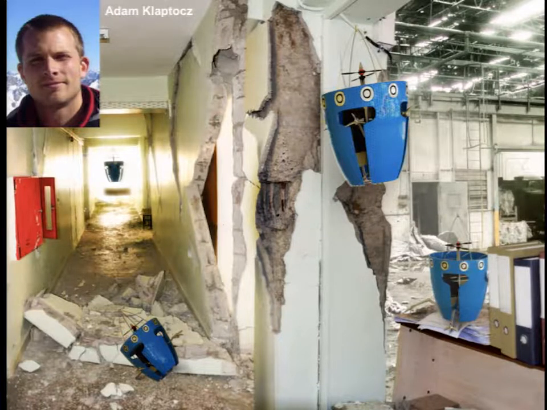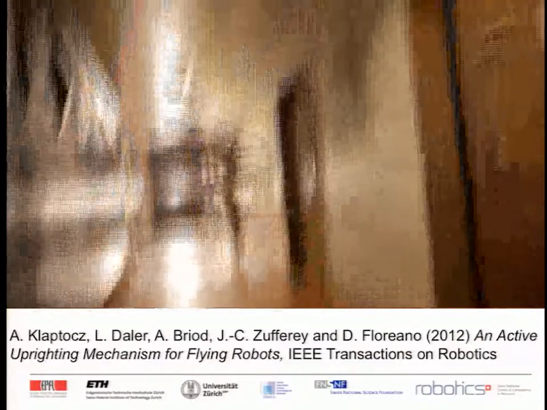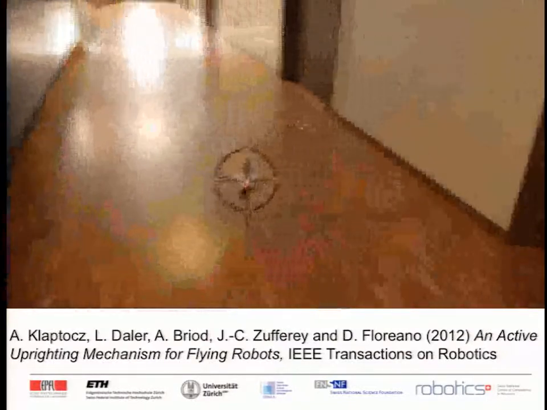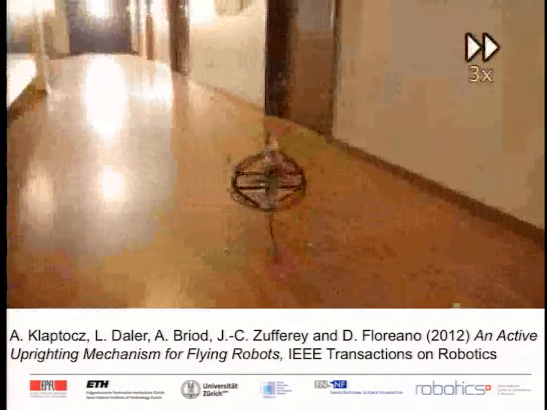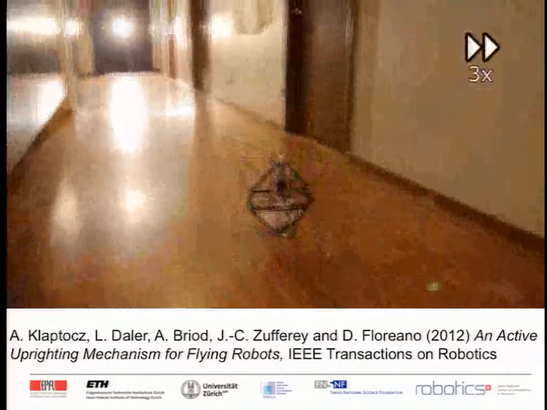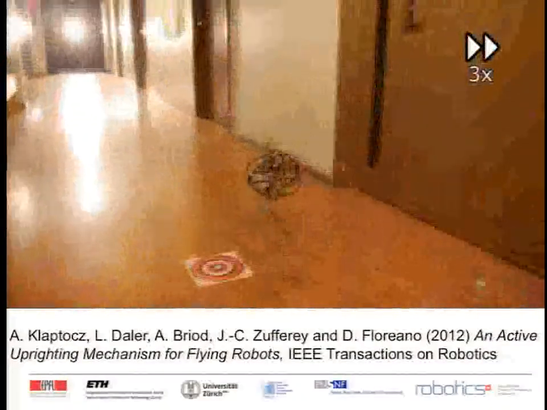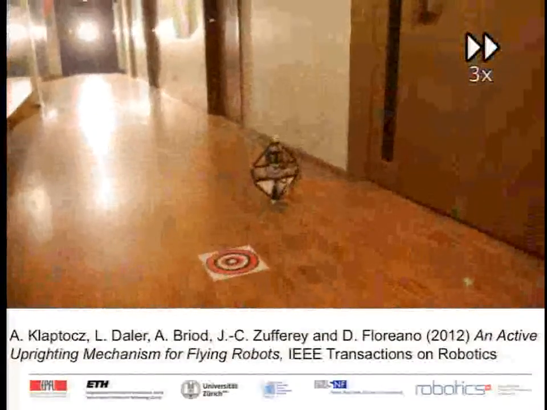So here we have a prototype of this robot. You see it is protected by a cage. It is a cage that can absorb quite strong impacts. And what you see here is the leg, which has been closed and deployed in order to upright the robot. This robot has very simple sensing.